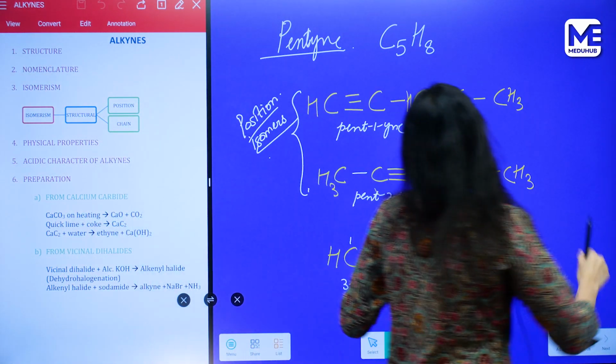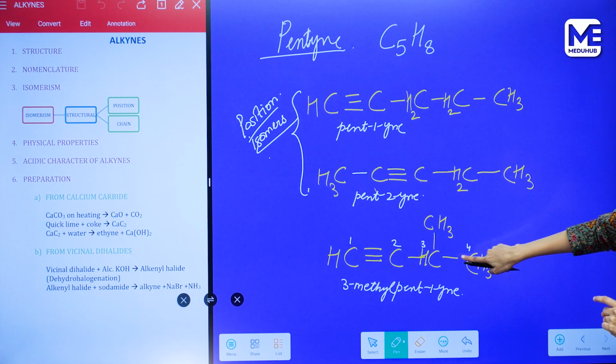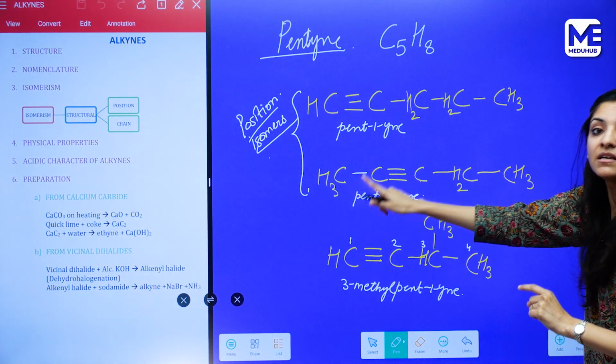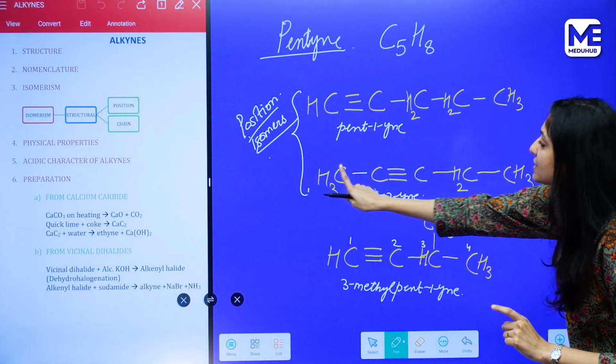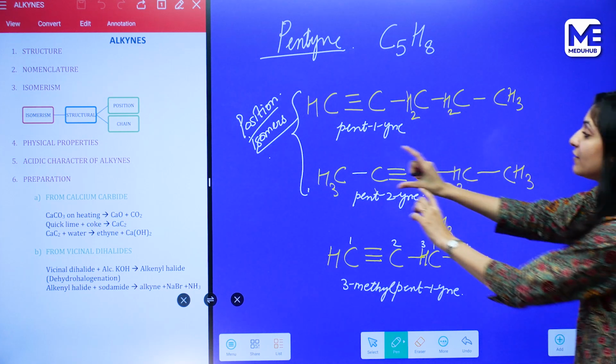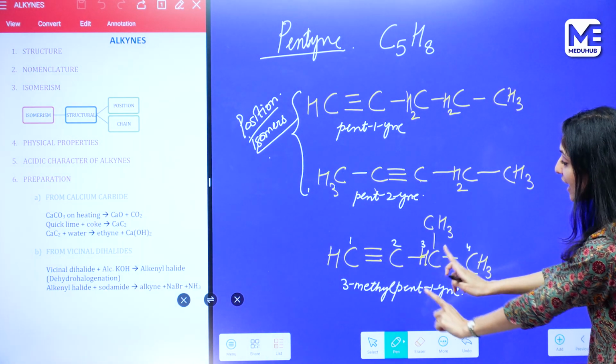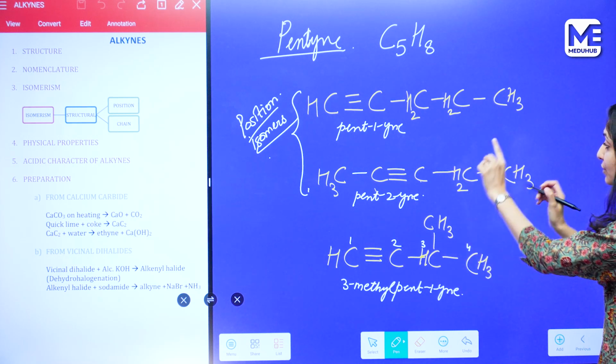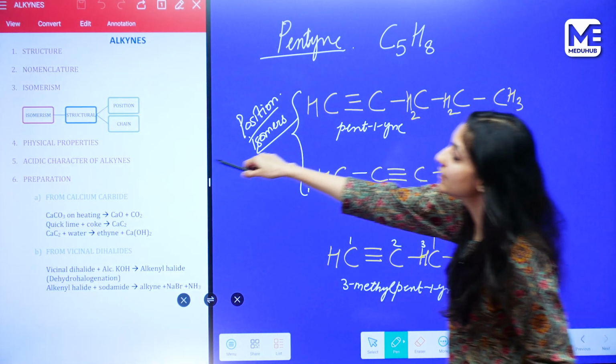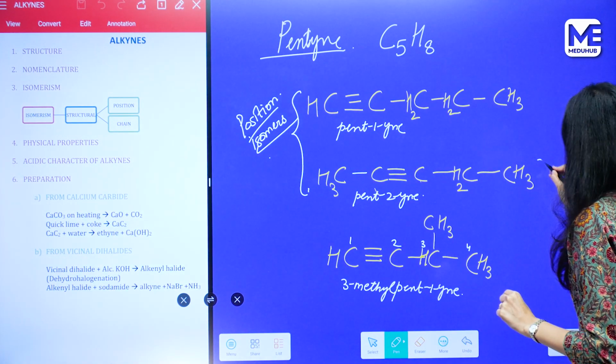Now, if we talk about this and this, here the basic carbon skeleton is changing. This is a straight chain carbon skeleton. There are 5 carbons in a straight chain. Here we have 4 carbons in a straight chain and there is branching at the third carbon. So, this one is called a chain isomer.